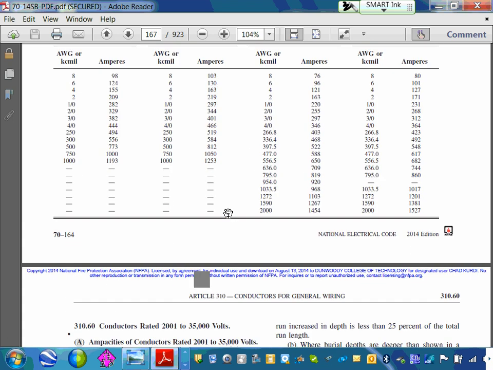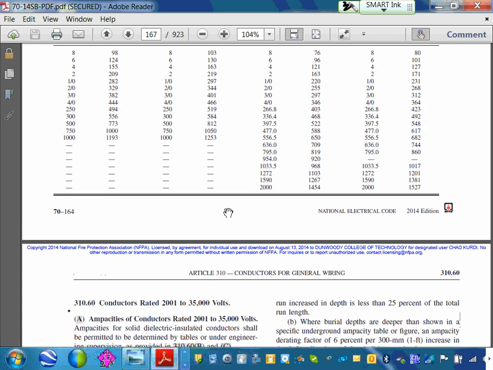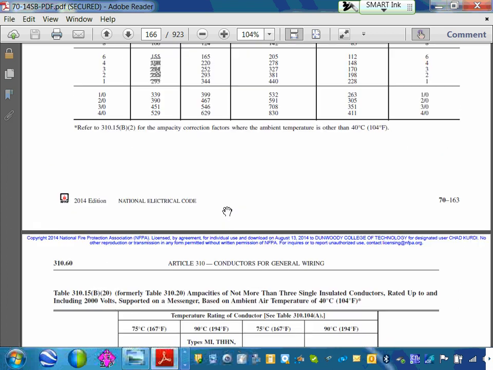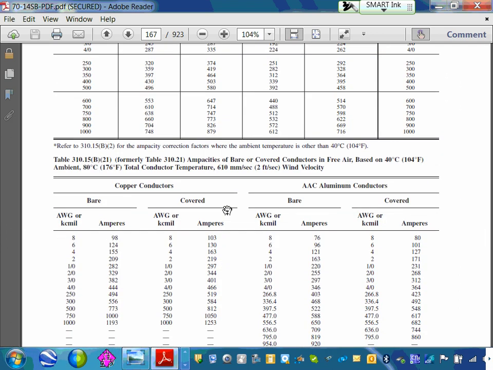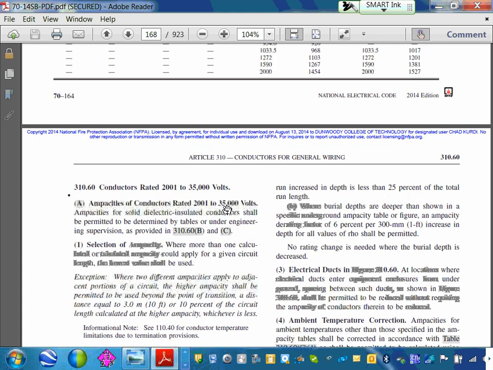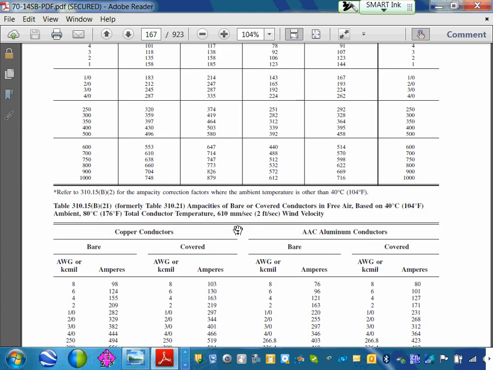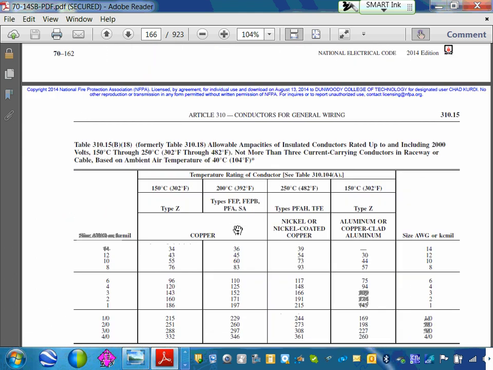Table or 310? No. 310.60 here. We're two different temperatures. Okay, this is for the high voltage though. There's one exception like this for the low voltage. You're right. There's one exception for the low voltage.